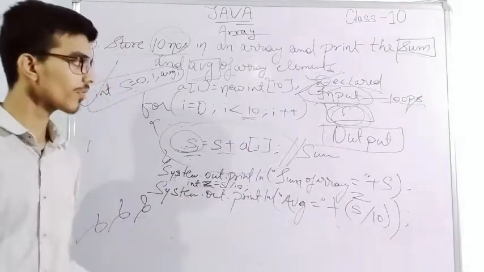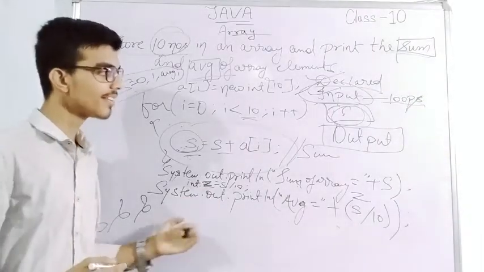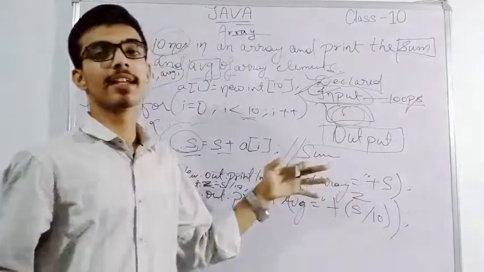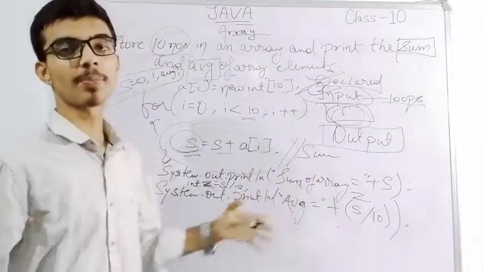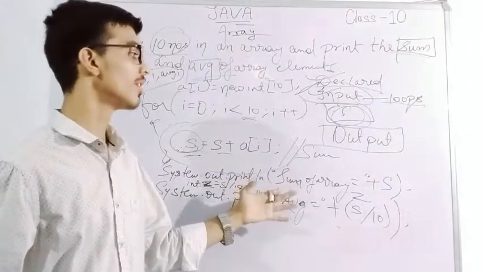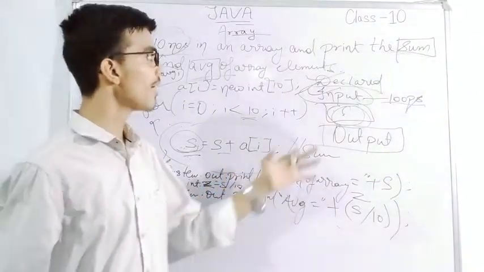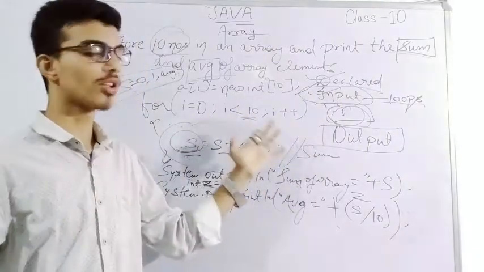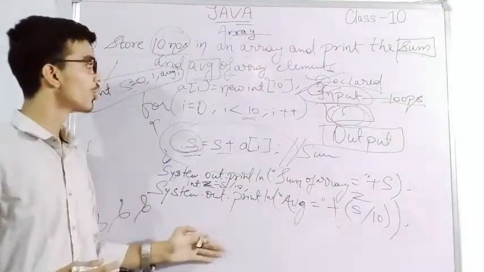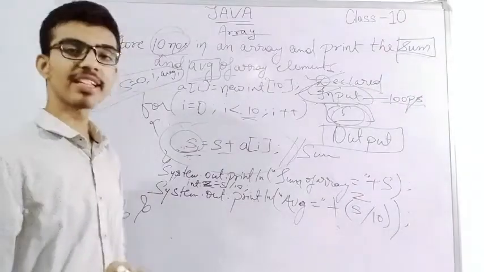As it is asked in the question, we perform the task. We are the programmers, so we have to see what is written in the question and write our program according to it.